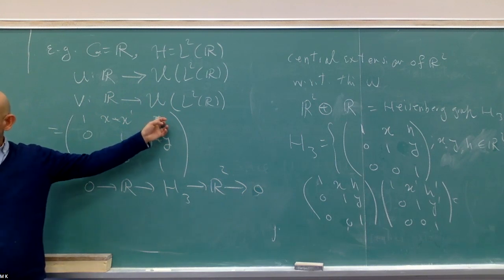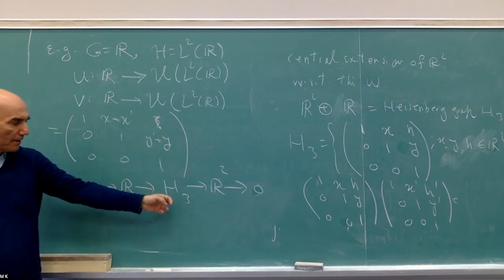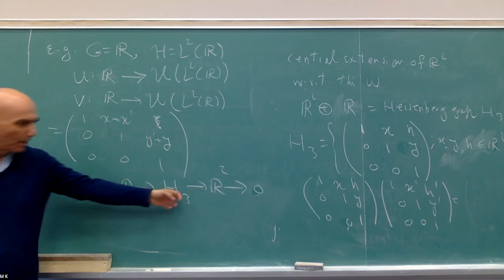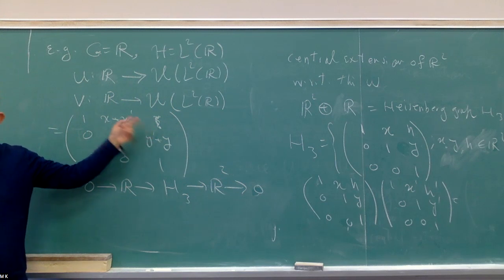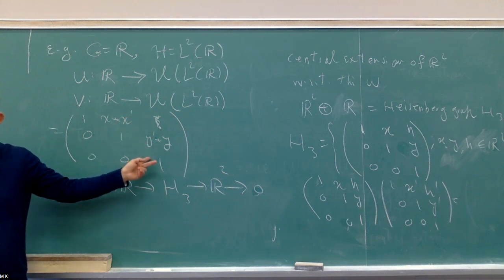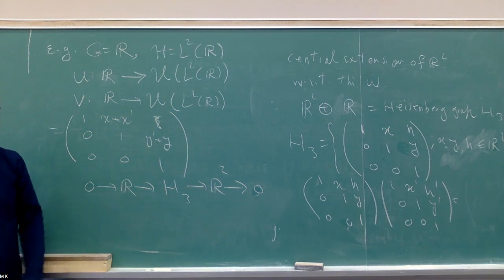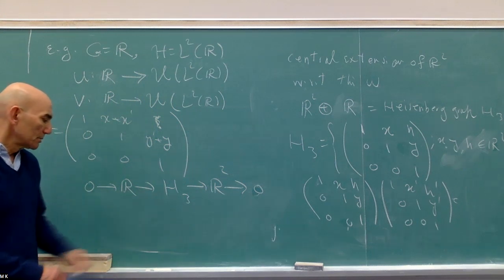You can check it. This is the group itself, the Heisenberg group, and the quotient is R2. The quotient map is just the map that takes a matrix and sends it to its above-diagonal components.